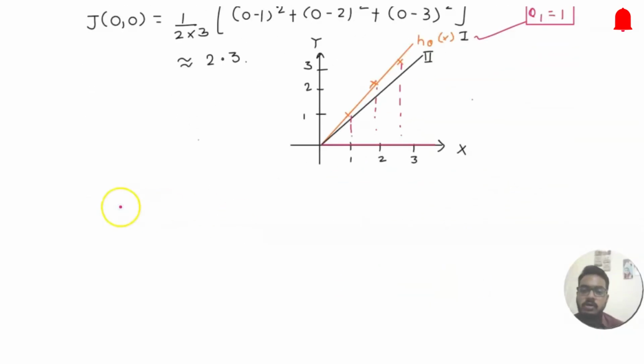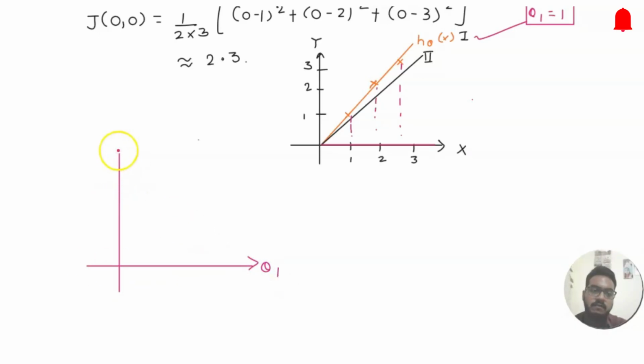Now, what we will do here is try to plot the graph between the value of theta 1 and the corresponding cost function. Let us take these values as 0.5, 1, 1.5, and here we will take the values as 0.5, 1, 1.5, 2, 2.5.